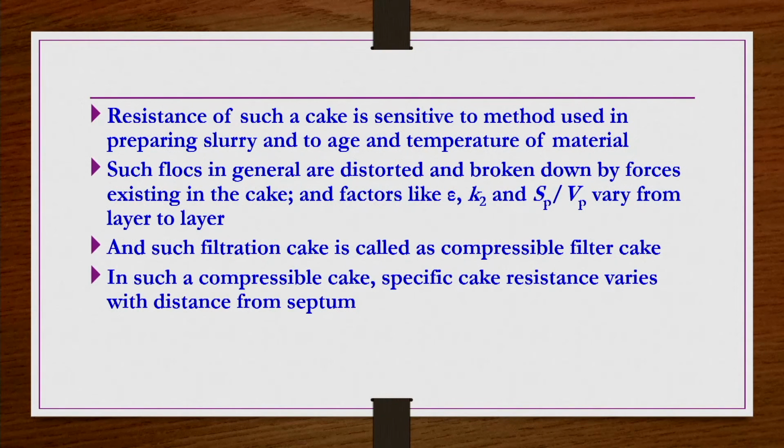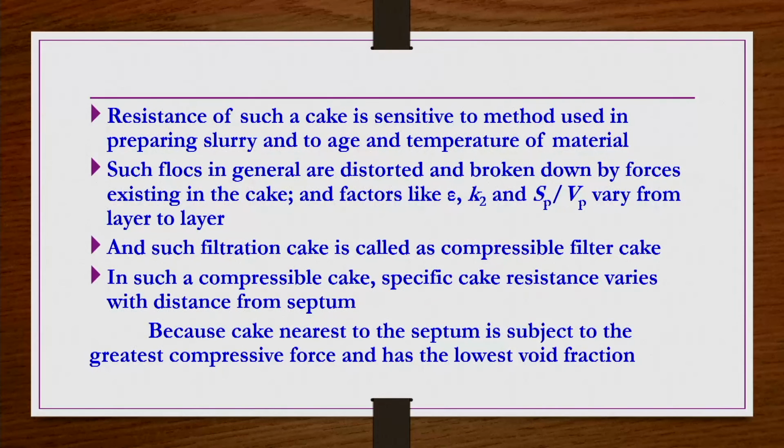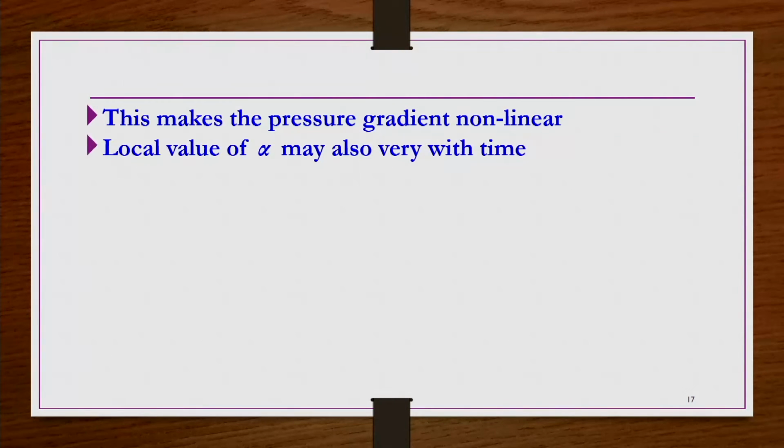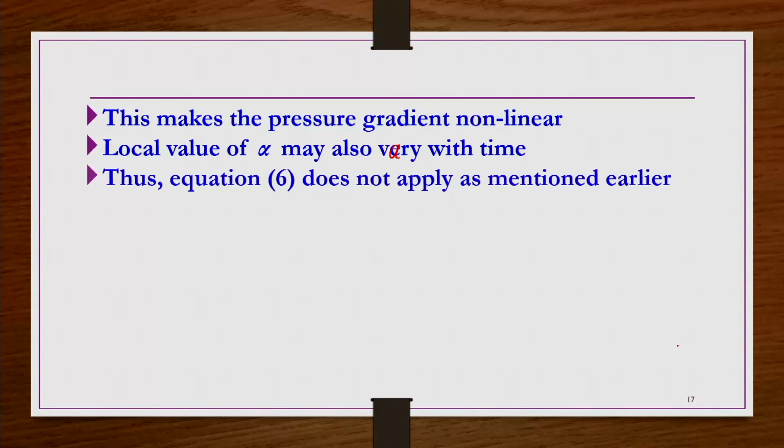In such a compressible cake, specific cake resistance varies with the distance from the septum, position L, because the cake nearest to the septum is subjected to the greatest compressive force and has lower void fractions, and because of that the pressure gradient becomes non-linear. And the local value of alpha may also vary with time in general.